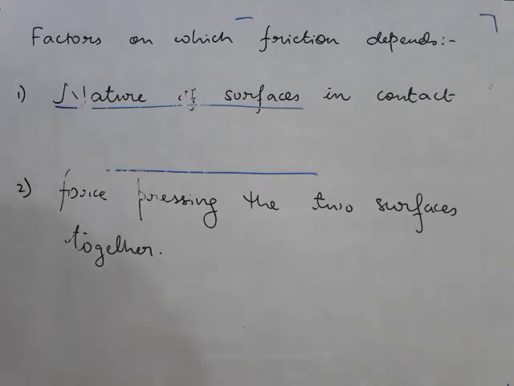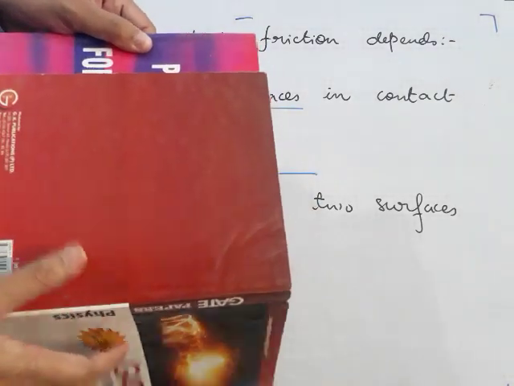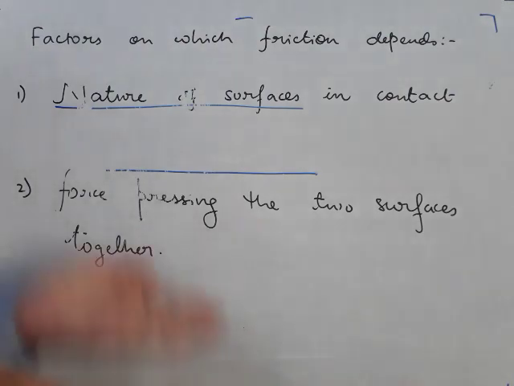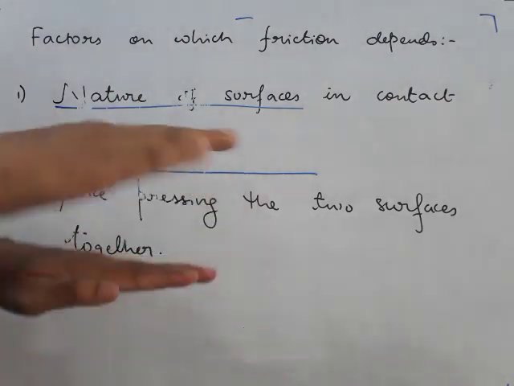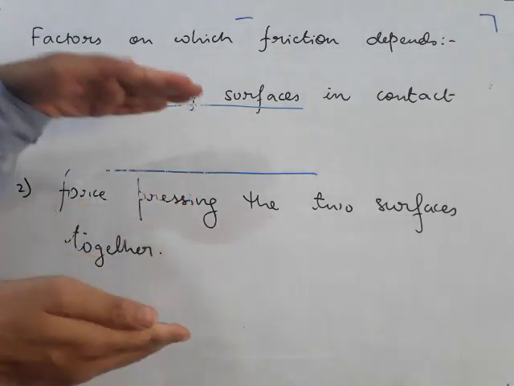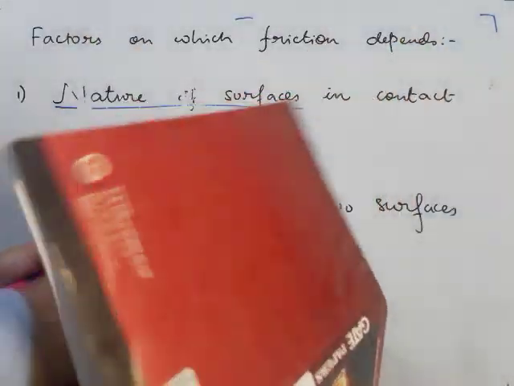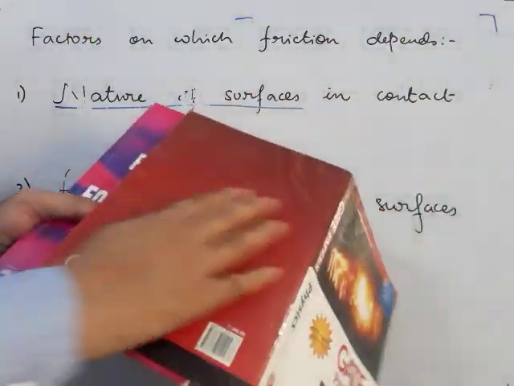So I had taken two books and overlapped them page by page, and I still have that particular arrangement, this one. So one page over the other page, then the third page, then this page, then this page. When it gets piled up like this, between each pair of pages, suppose this is one page, this is one surface, this is the other surface.